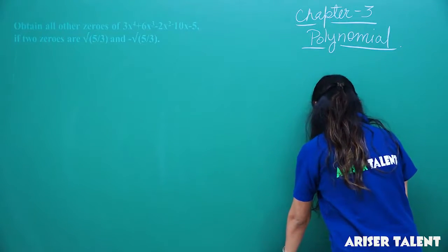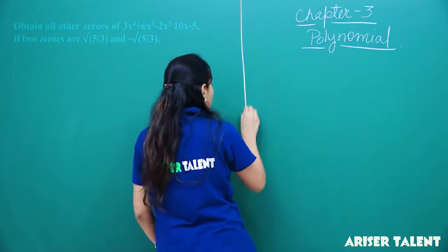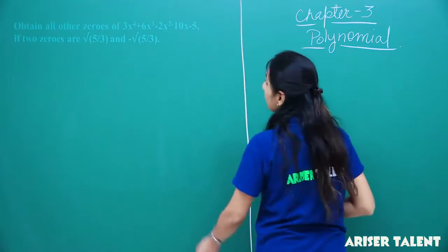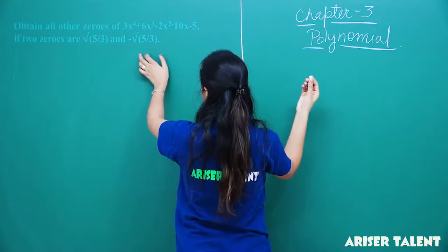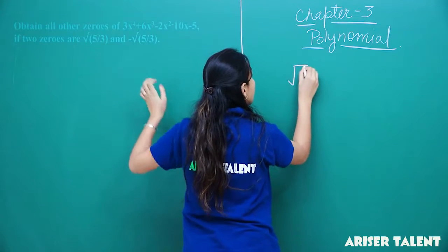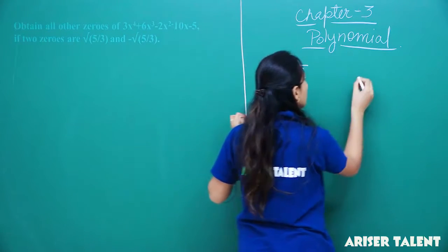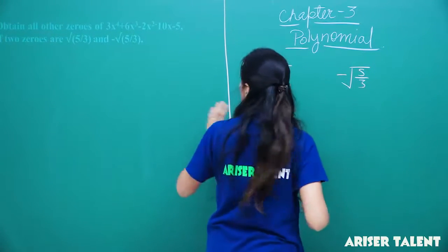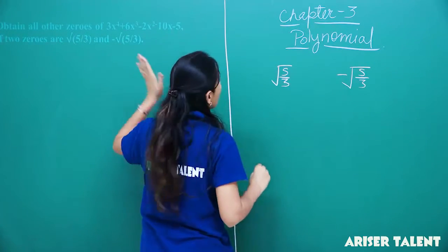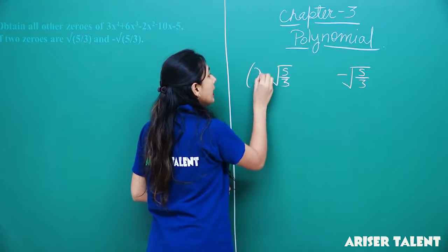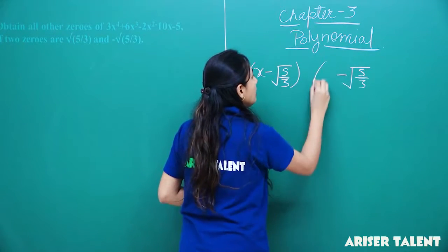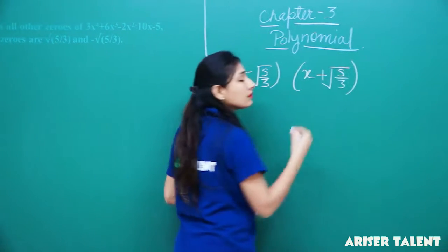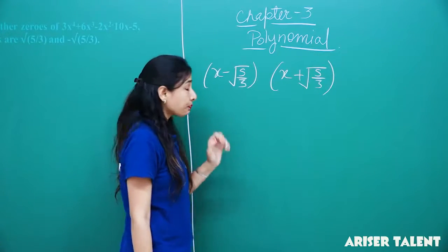So, how will we solve it? Given zeros are root 5 by 3 and negative root 5 by 3. By this we can conclude easily that two factors are x minus root 5 by 3 and x plus root 5 by 3.